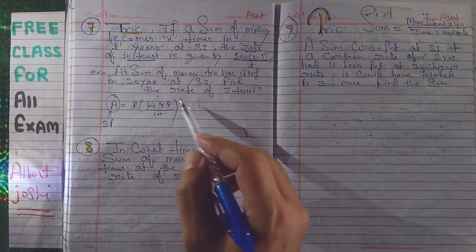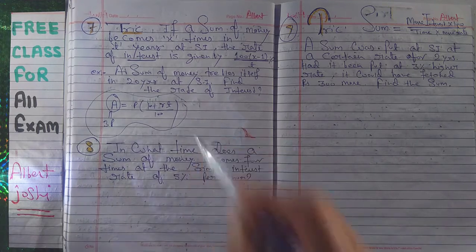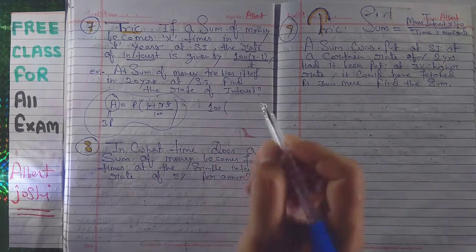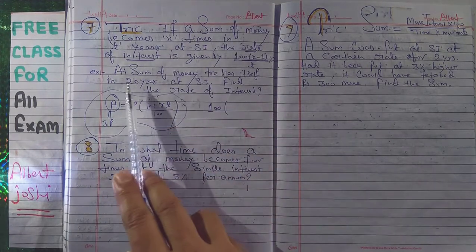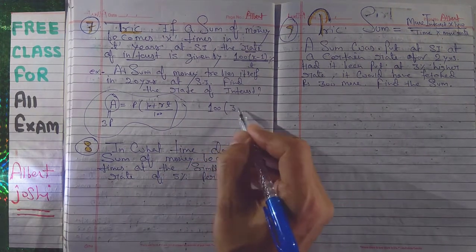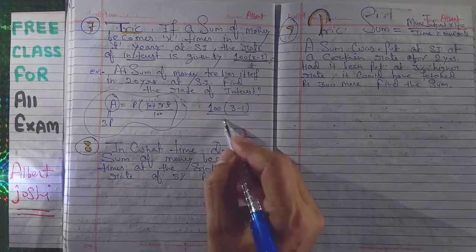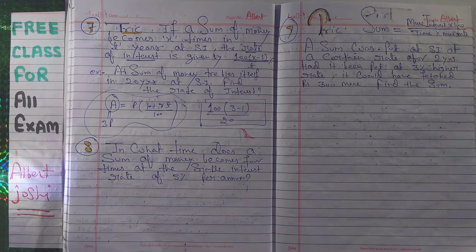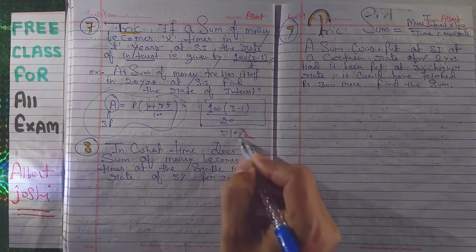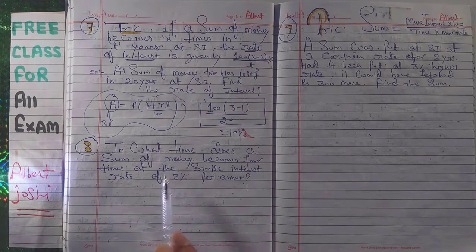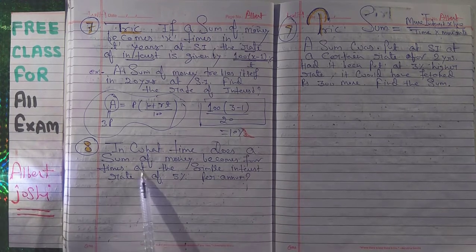Now either solve by the help of this high school method, or put the data here: 100 into (x minus 1) upon t, where x is 3 times and t is 20 years. This is your answer. If you know this trick, then you can calculate easily. That will be 10%.